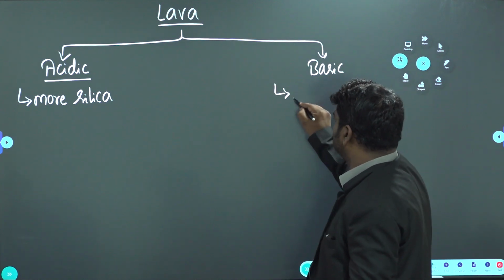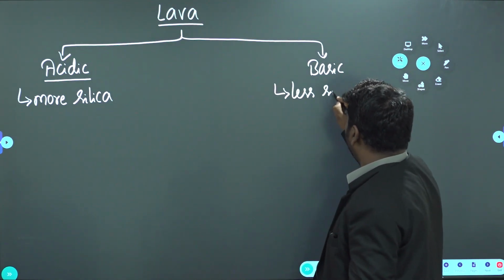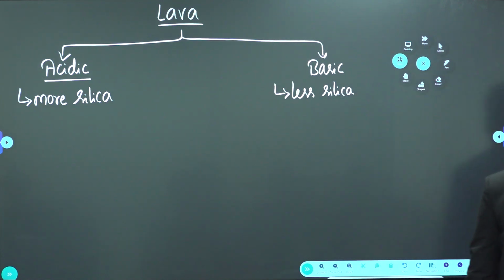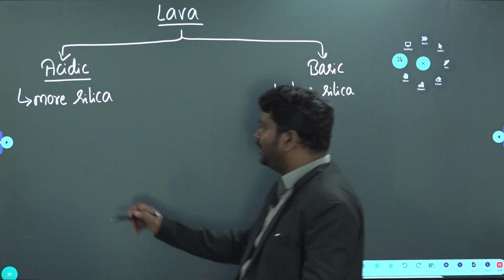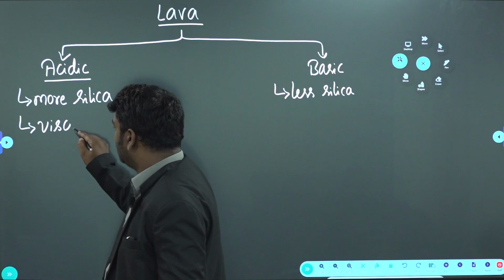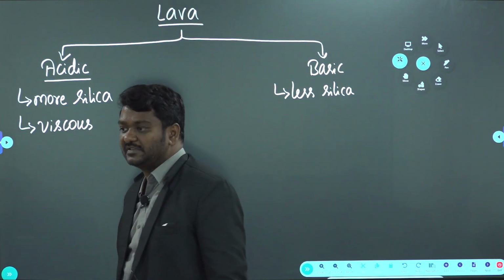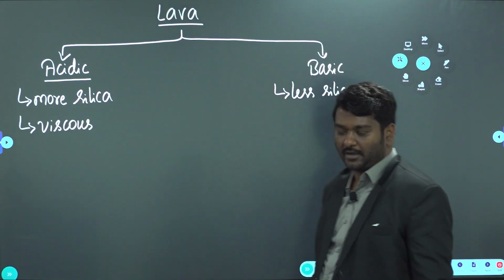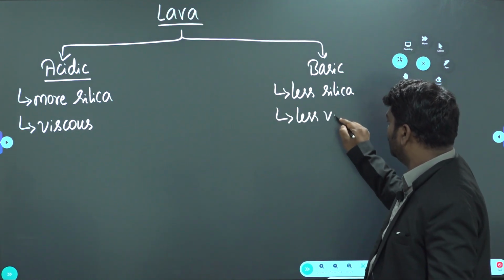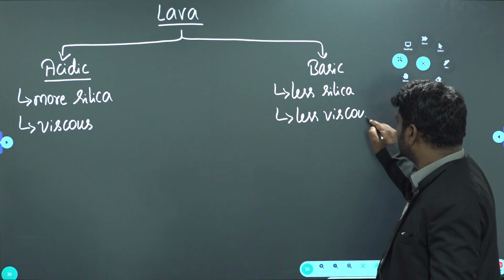If it is less silica, it will be basic. And remember, very less silica, ultra basic. So the moment you have silica, silica solidifies easily. It is viscous, right? Here it is less viscous.